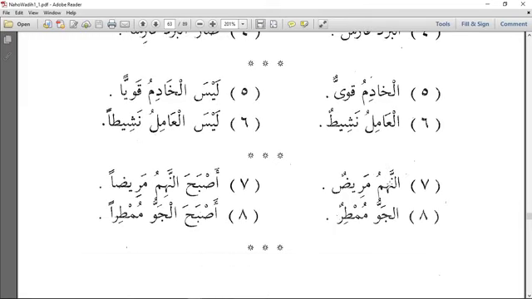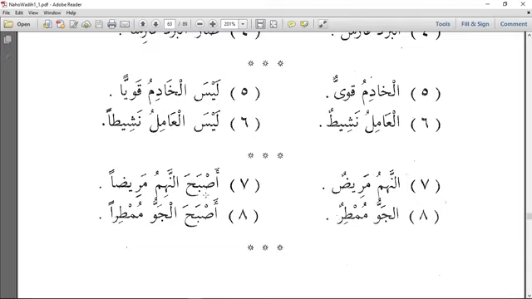The next example here we have an-nahimu maridun, the glutton is sick. Asbaha an-nahimu maridun. Now asbaha, amsa, adha, dhalla and bata, those five verbs can be used in two ways.